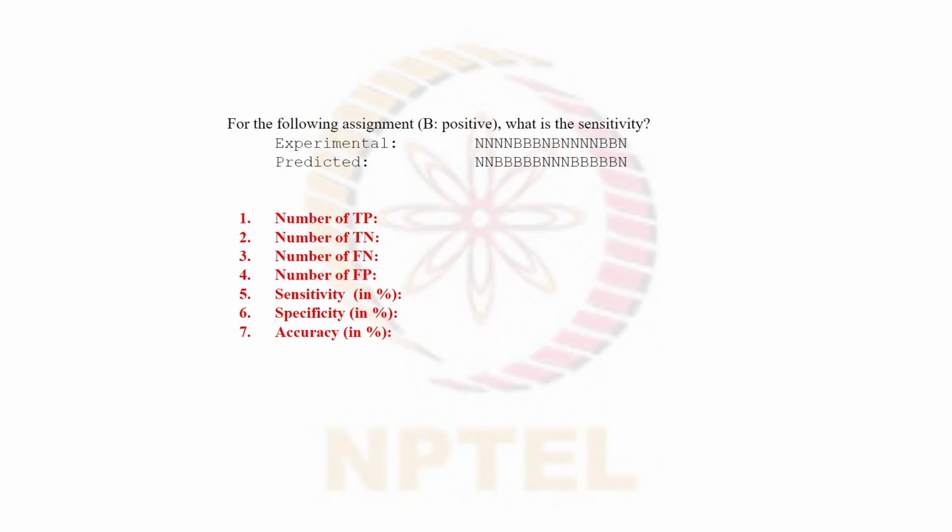Based on this, find out the number of true positives, true negatives, false negatives, and false positives. True positives are those that are actually positive and predicted positive. True negatives are actually negative, that is, in the experimental data they are negative and predicted as negative.